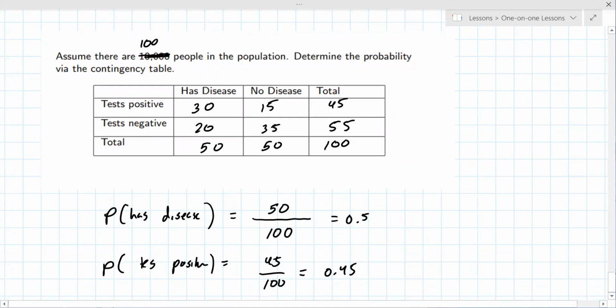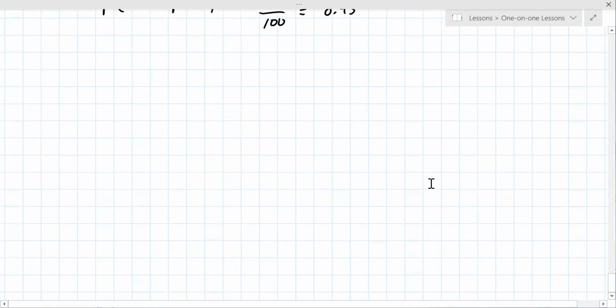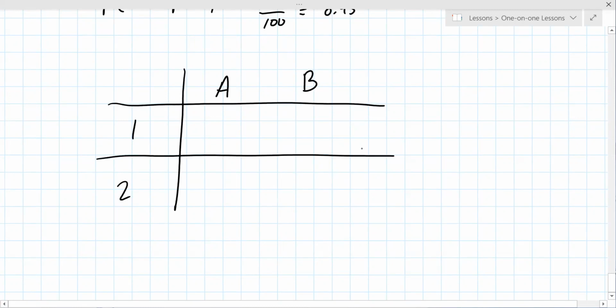Now, your instructor can also ask things, and maybe this isn't the best table for this. So let's just make up A, B, 1, and 2, with 12, 15, 5, and 8.